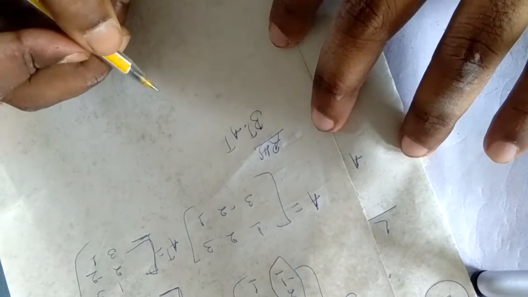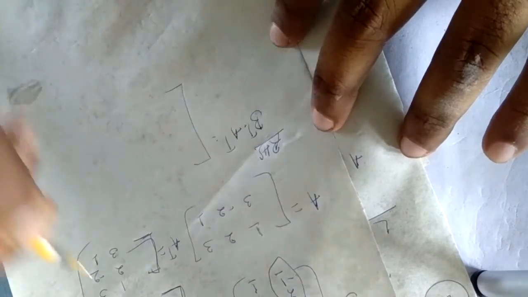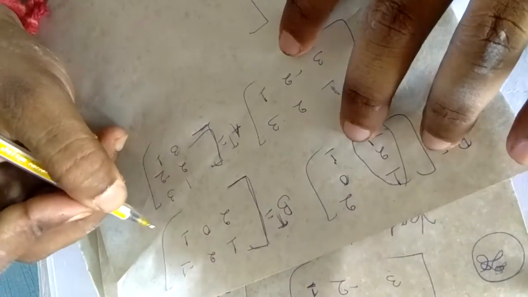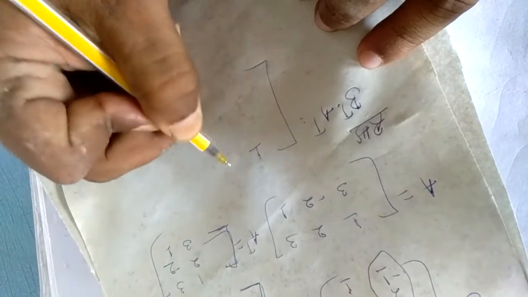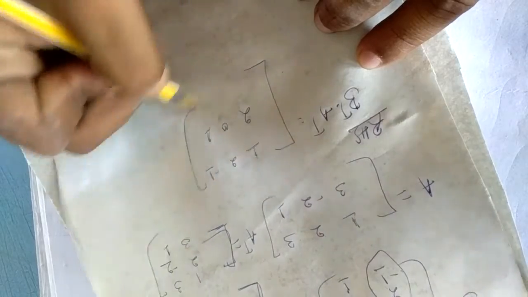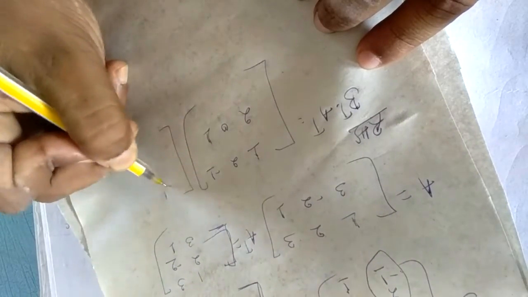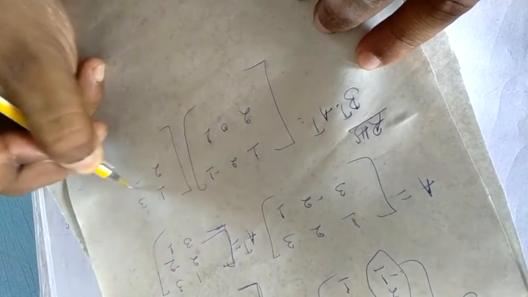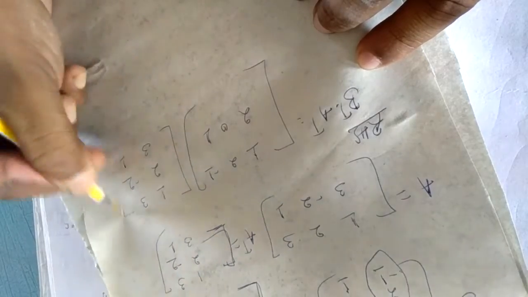So B transpose matrix will be 1 2 minus 1, 2 0 and 1. A transpose 1 3 2 minus 2 3 and 1.